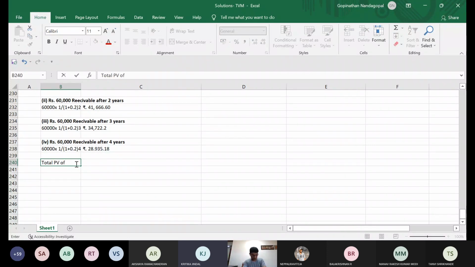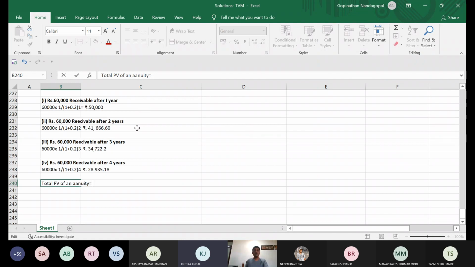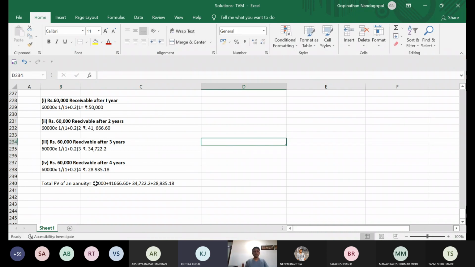Total PV of an annuity is equal to the total value of the annuity, so you can say 50,000 plus 41,666.60 plus 34,722.22 plus 28,935.18. What is the total of this?